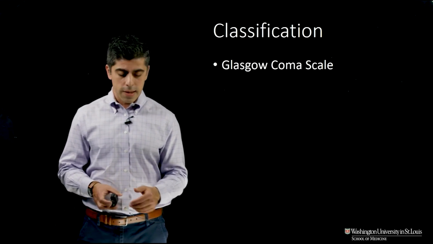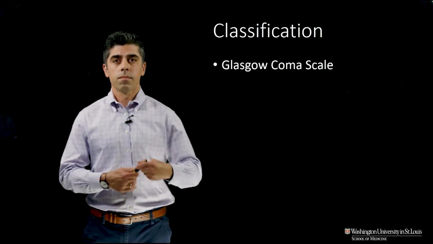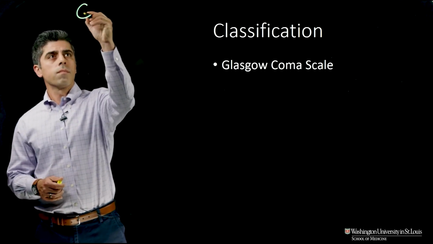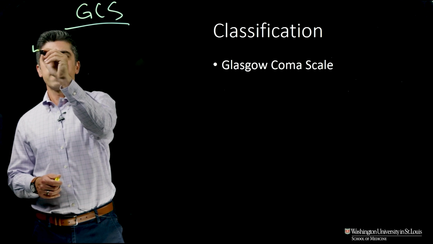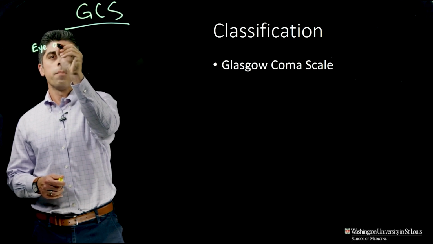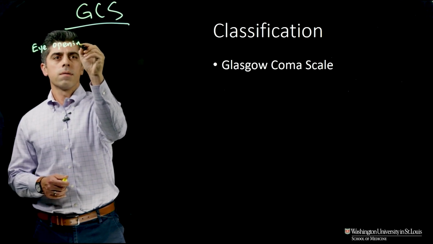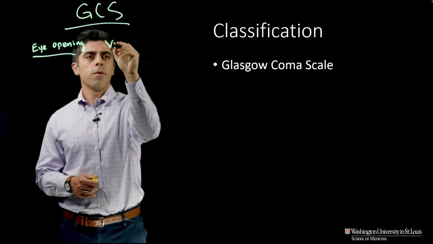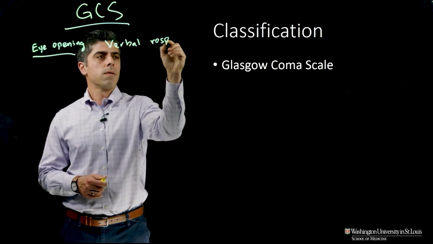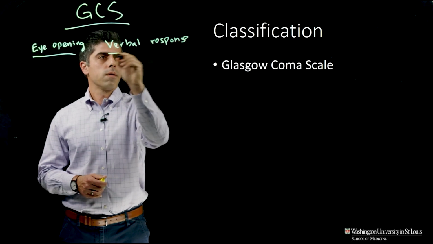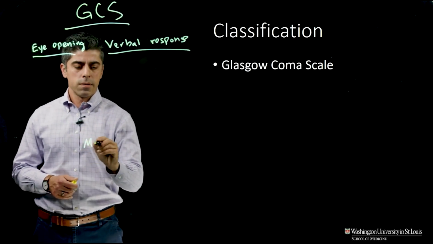How do we calculate the GCS? GCS has three categories: eye opening, verbal response, and motor response.